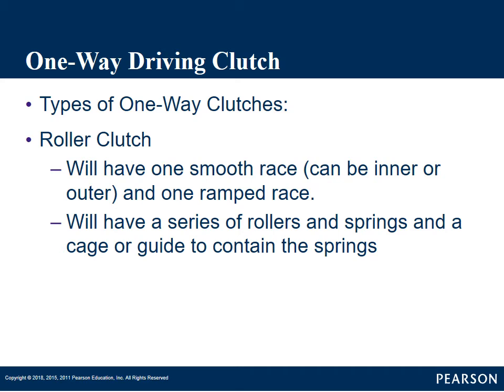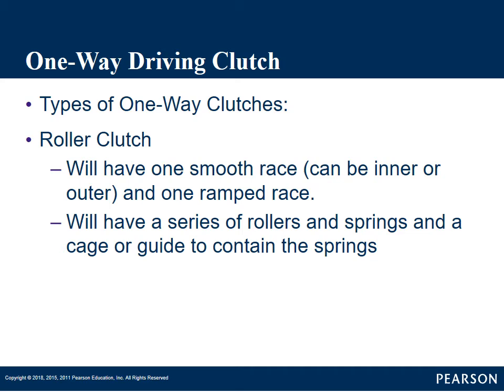Two main types of one-way clutches. You got our roller clutch, and that is where we have a smooth race, which can be the inner or outer race can be smooth, and then the other race is going to have a ramped surface to it.